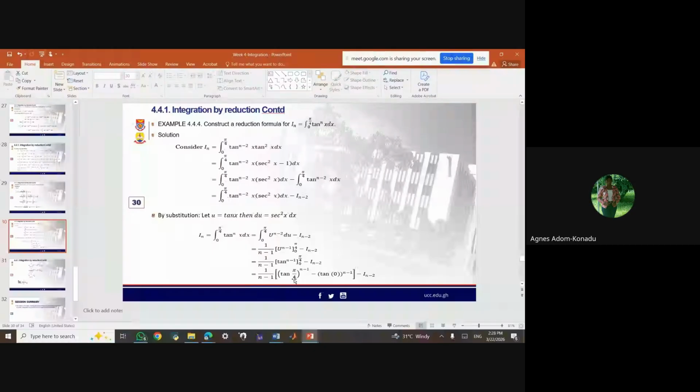It is 1. Okay, so tan 45 is 1. So I'm going to get 1 to the power n minus 1. And then tan 0 to the power n minus 1 is what? It is 0. So 0.